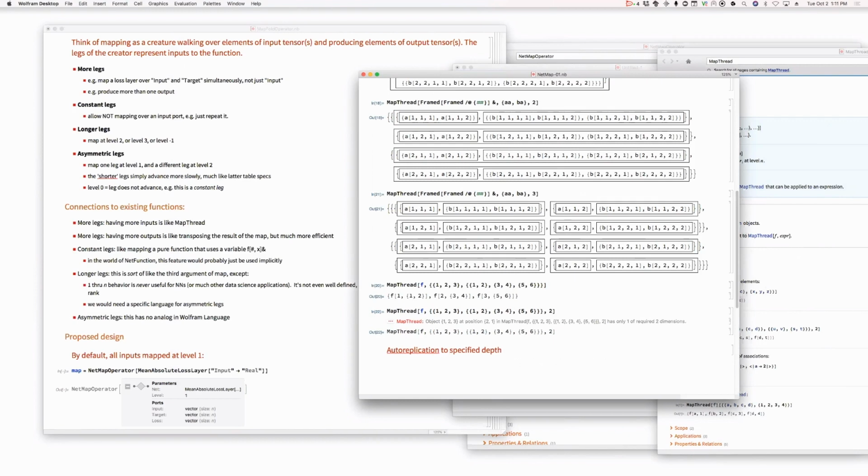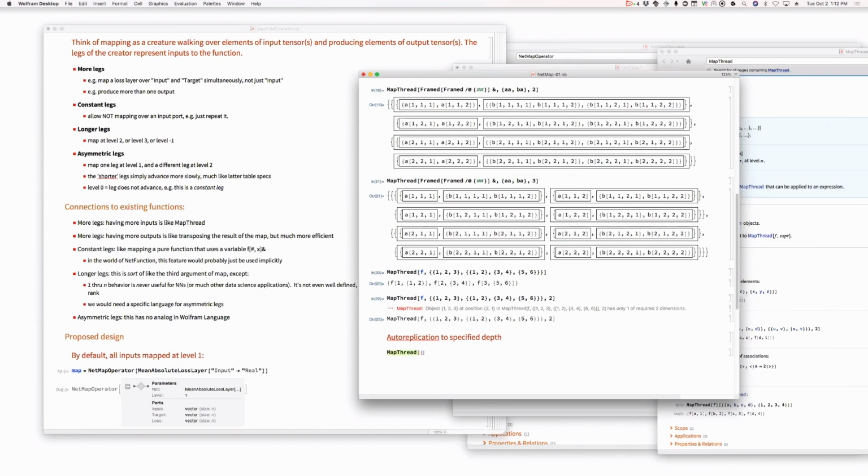So for example, almost the opposite case of this is where we have 1, 2, 3 as the first input, and the second input is just 9, for example, just a scalar. And I want to replicate that 9 up for that 1, 2, 3 there.